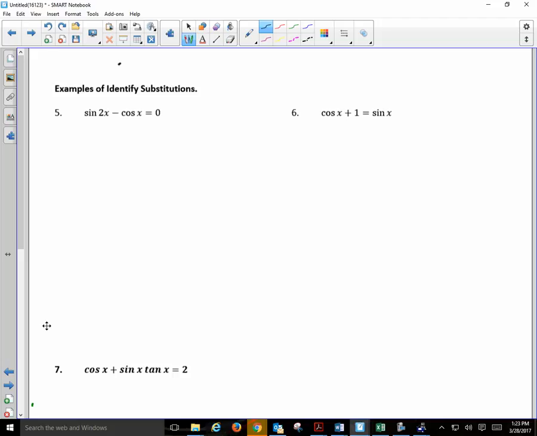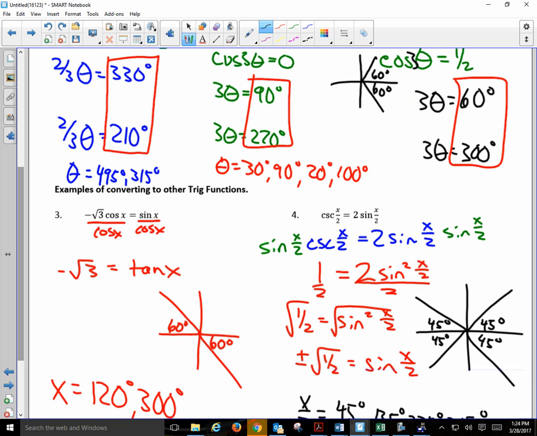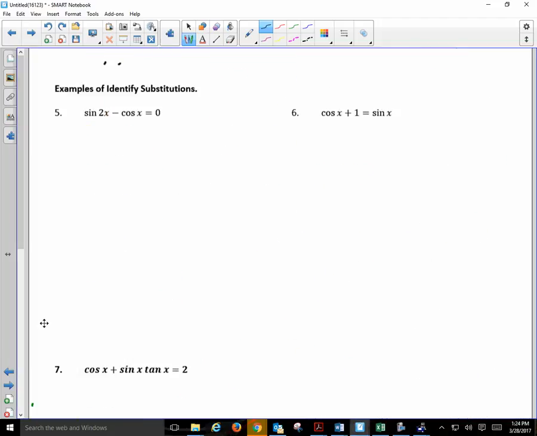If I flip it back, you've got 3 theta and 3 theta. You've got x and x. You got x over 2 and x over 2. You always have the same angles. Well, here you don't have the same angle. You got sine of 2x. So I either have to make this so it has a double angle, or I have to make this so it has a single angle.